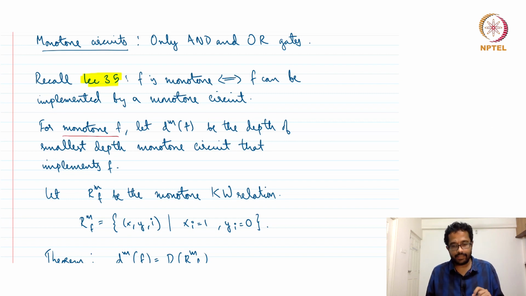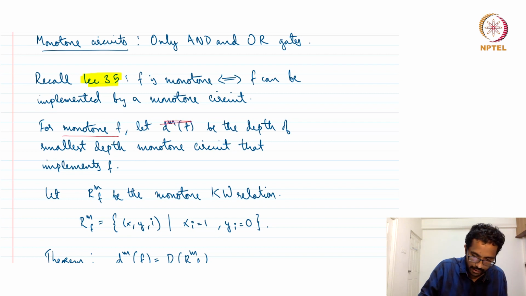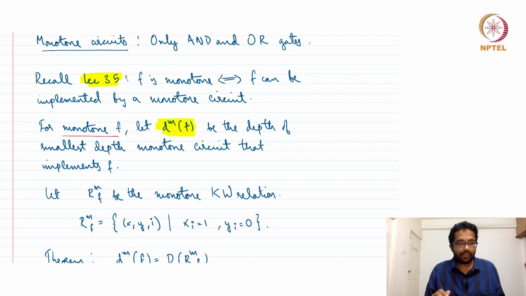What I am further restricting it to is the monotone depth, denoted by d superscript m of f. This means you restrict yourself to only the monotone circuit realizations of f.